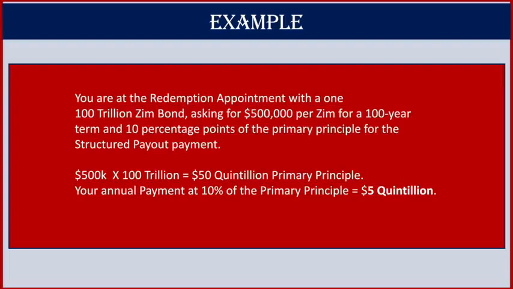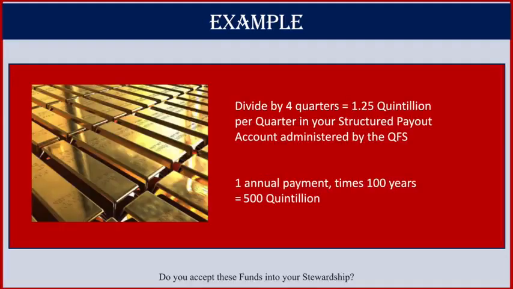So 5 quintillion is what you will receive from the structured payout on an annual basis. You can divide that by 4 quarters, and that equals 1.25 quintillion per quarter in your structured payout account administered by the QFS.